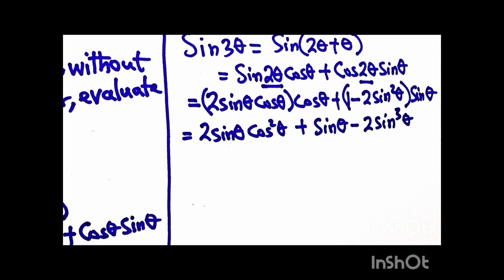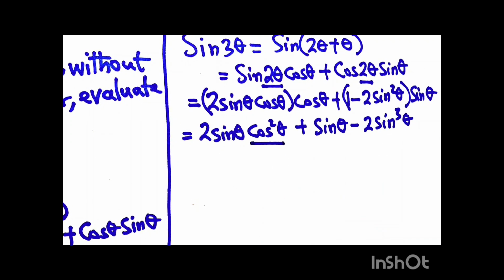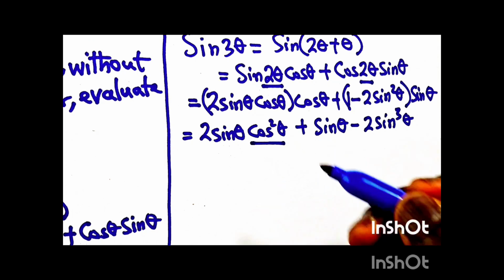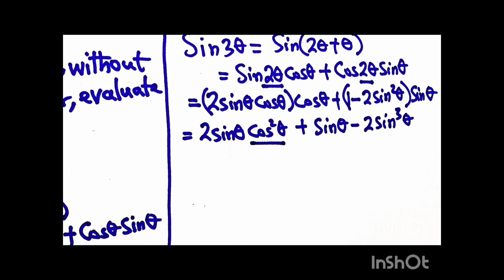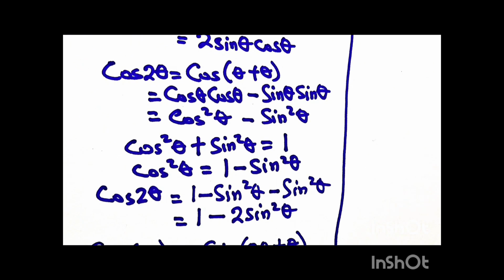So we can expand further, and if we expand further, that means that we don't want this cos squared theta to be here because we need sine theta. But the cos there, we have to find a way of removing that, from the Pythagoras theorem that says that cos squared theta plus sine squared theta is equal to 1. So from there we'll be able to find that cos squared theta equals 1 minus sine squared theta.